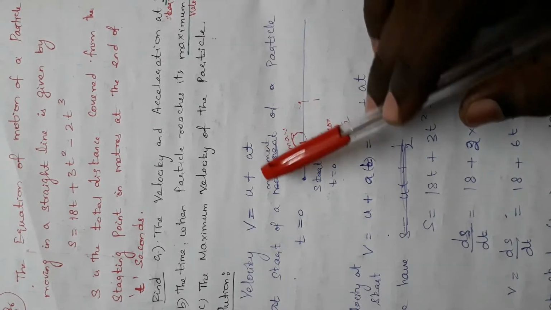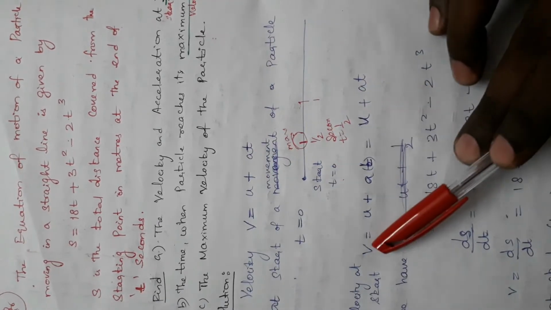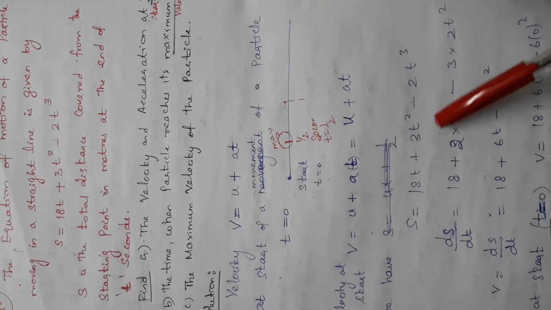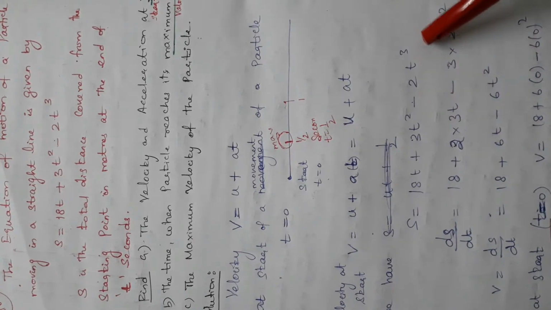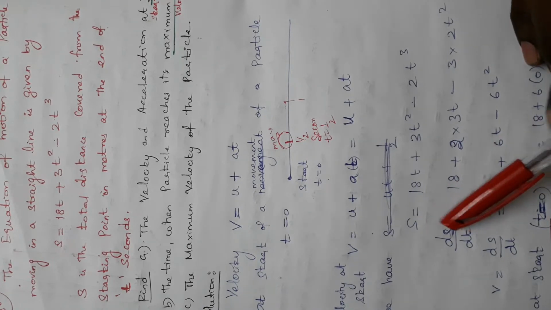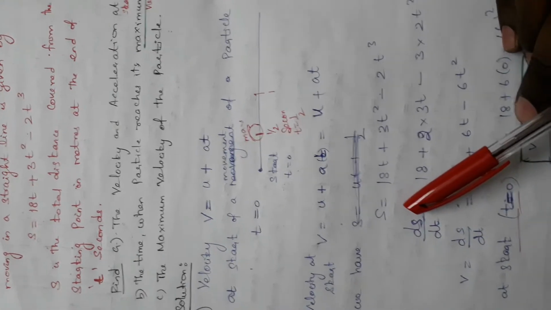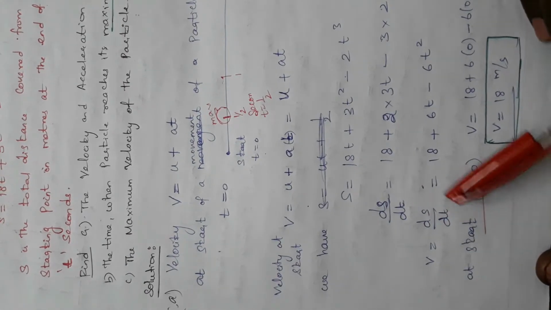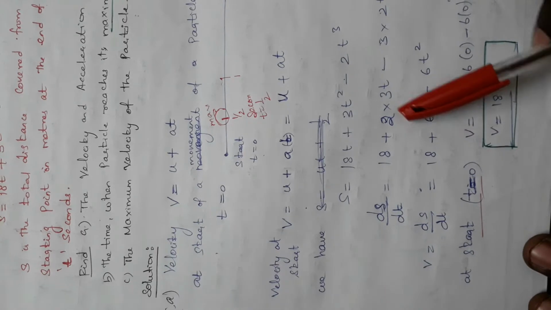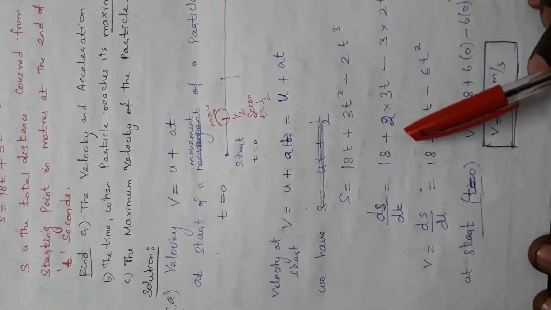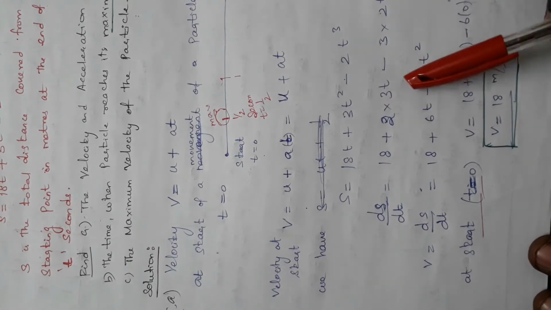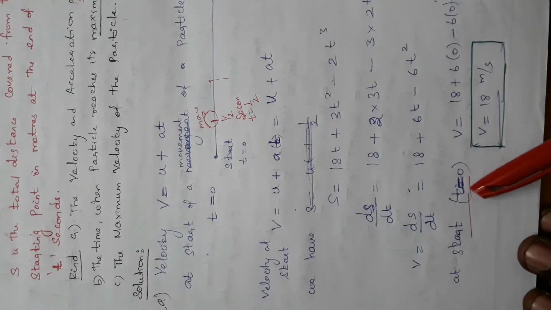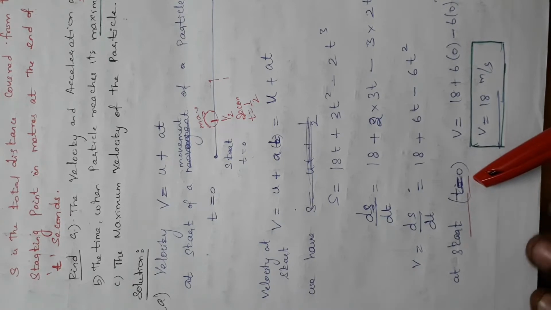An object moves from left to right, we have to find the velocity v. Now S = 18t + 3t² − 2t³. Now we are differentiating the distance. When we differentiate the distance, what will we get? Velocity. Velocity is equal to distance by time. Differentiating, we get 18 + 2 × 3t − 3 × 2t², and at the start the time is equal to 0.